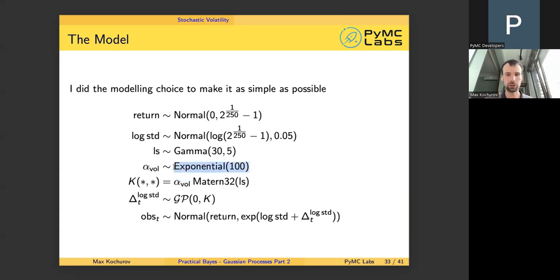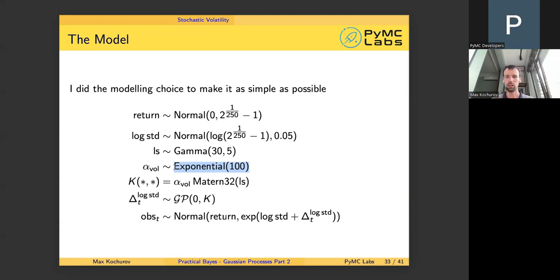On average, this exponential is 1 by 100, so the square root is 1 by 10, 10%. So it's about 10% variation around the average logarithm of standard deviation.